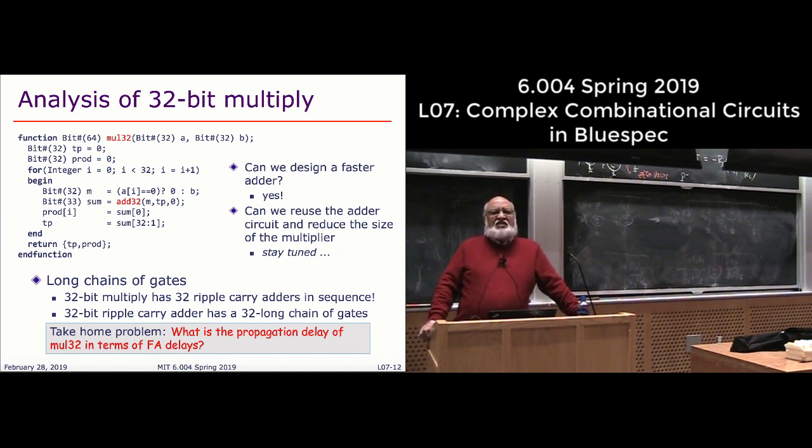So let's analyze this code that I have just shown you. Okay, long chain of gates. What do I mean by this? A 32-bit multiply has 32 ripple carry adders in sequence. Why do I claim they're in sequence?